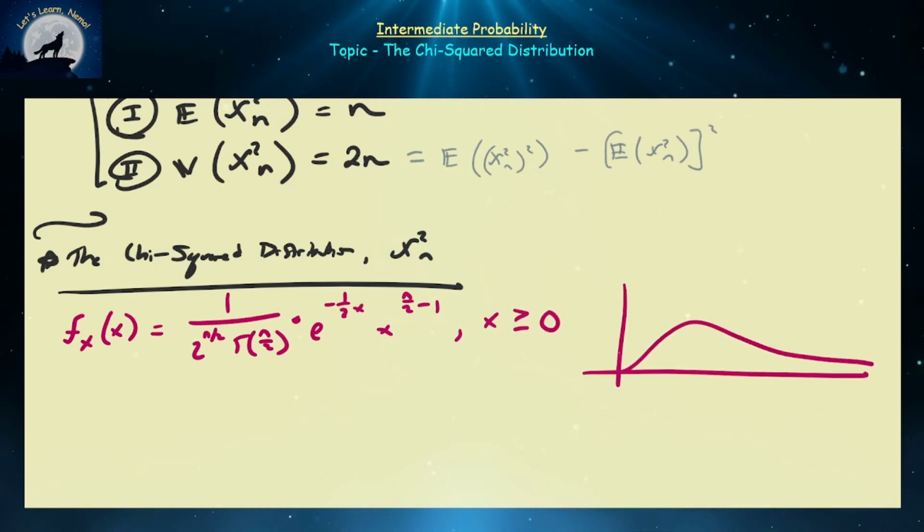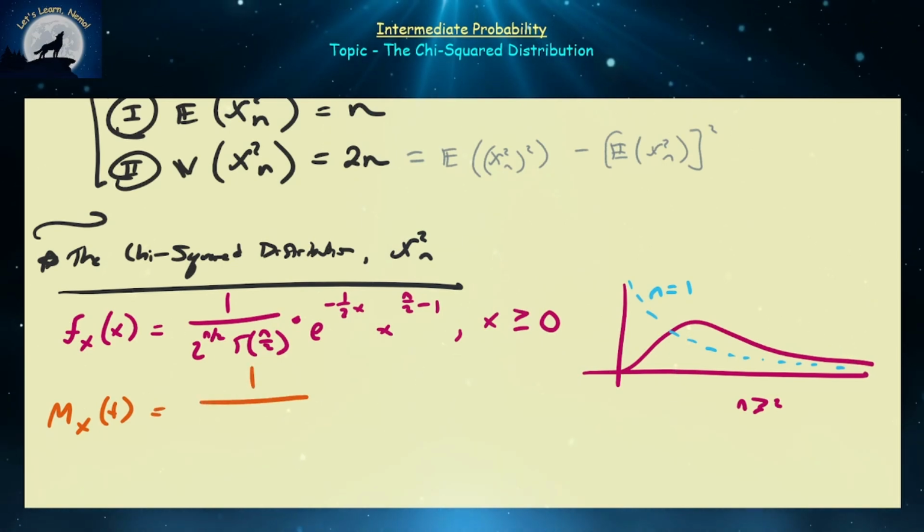The graph has this skewed right distribution for n greater than or equal to 2, and typically n is taken to be an integer, but there's a special case in terms of the graph when n is equal to 1 that has that geometric shape to it. We've also derived the moment generating function for a chi-square distribution, which again is 1 over 1 minus 2t to the power of n over 2.